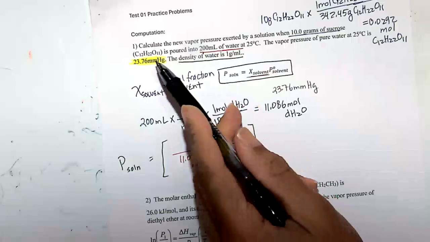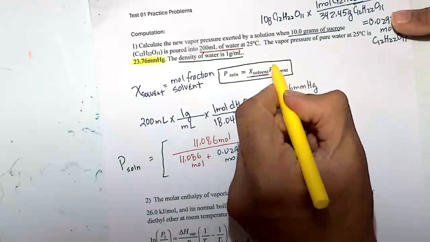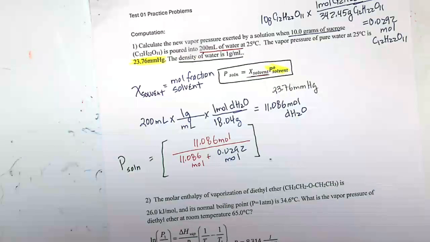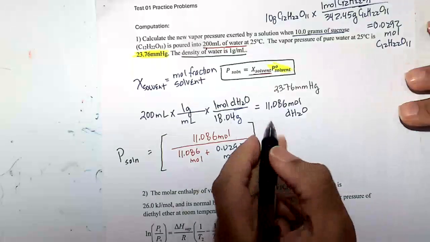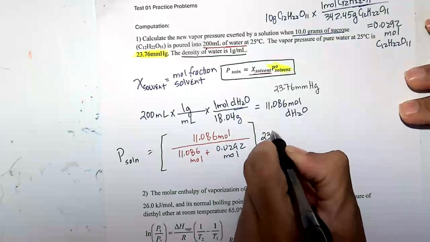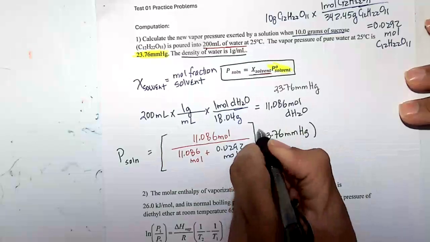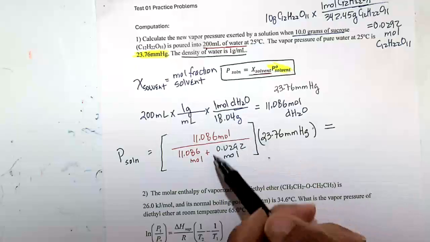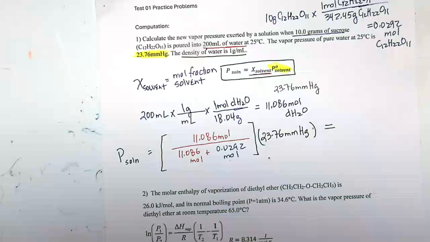And what is the vapor pressure of water neat or by itself? Okay, 23.76 millimeters of mercury. All right, so we'll take this times this and divide it by that sum, and this should give us our final answer.